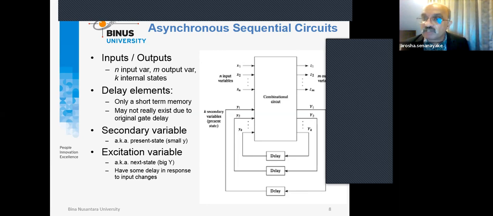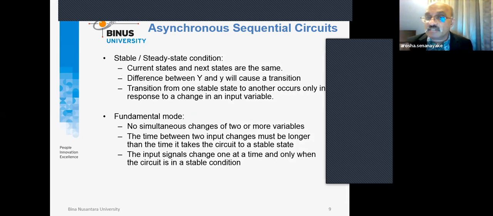So we must make sure that the change of input variable x1 is subject to the stable state of y1. That's where you have to understand very precisely: the time between two input changes must be longer than the time it takes the circuit to reach a stable state. So we have to make sure the circuit is in a stable state, simple Y equal to capital Y, during the change of the input variable.